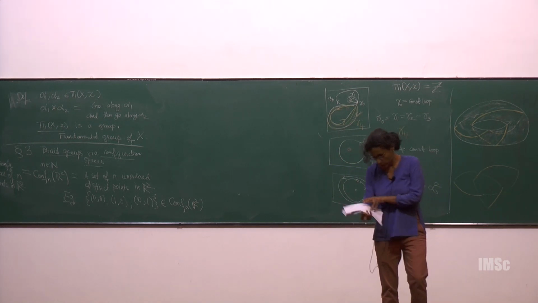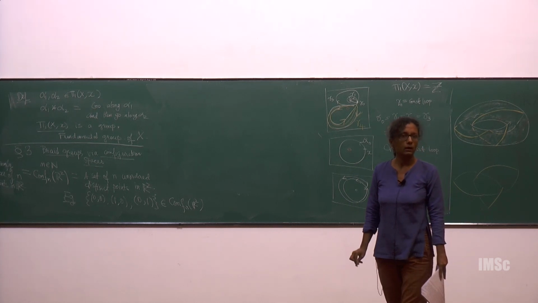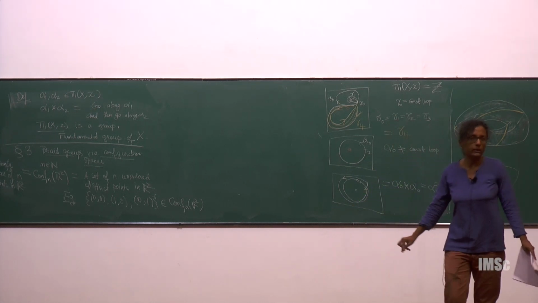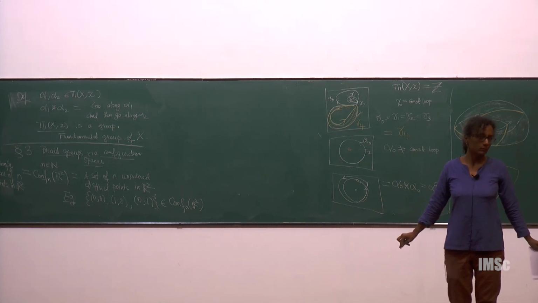Any questions about the definition of configuration space? It's a very simple definition. It's literally subsets of R2 with n elements, that's all. Every element has n points in it. The order doesn't matter.